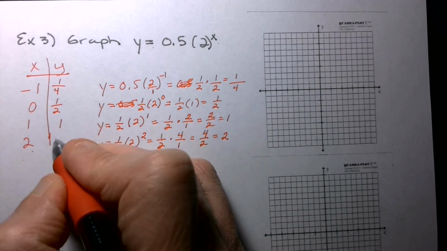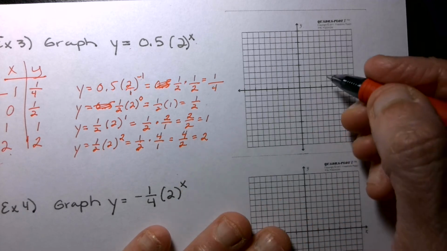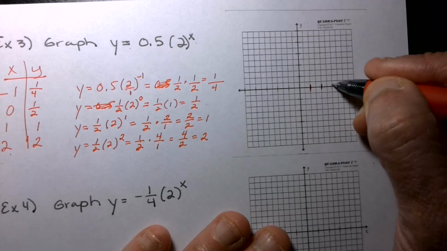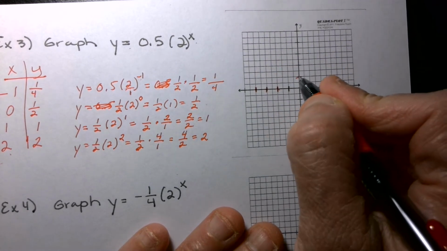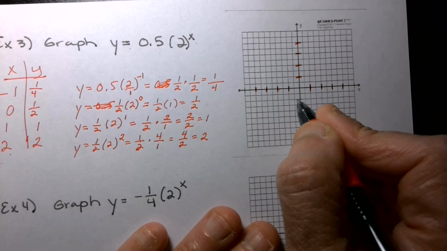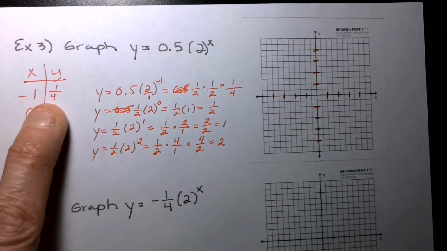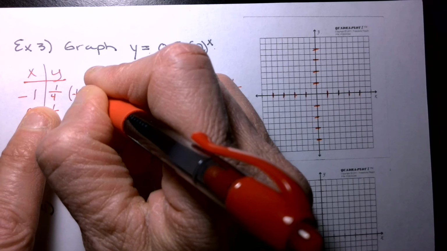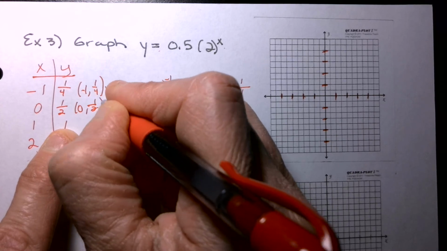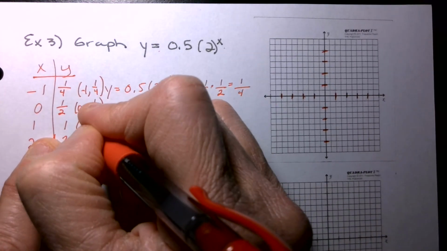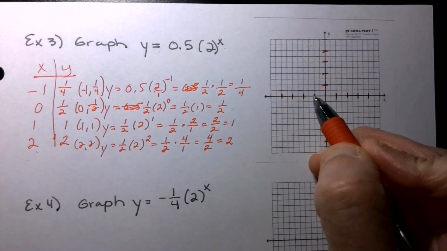Now we need to graph those. When you go over to these graphs, I highly recommend you don't use the real small ones as ones. I'm actually going to darken these in so you can see. I'm using those as my one unit markers there, so that we can see them a little more clearly. Okay, so let's go ahead, because remember over here, this is my coordinate, -1 and 1/4. That's my first coordinate. 0 and 1/2 is my next. 1, 1, and 2, 2. -1 and 1/4.